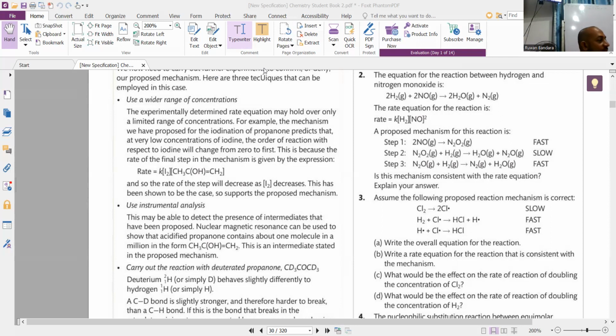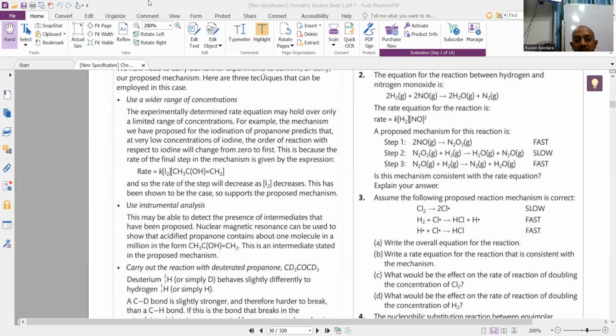Kaushika, is this consistent with the rate equation? Ah, yes. Very good. Natasha, what do you think? Is this mechanism consistent with the rate equation or not?